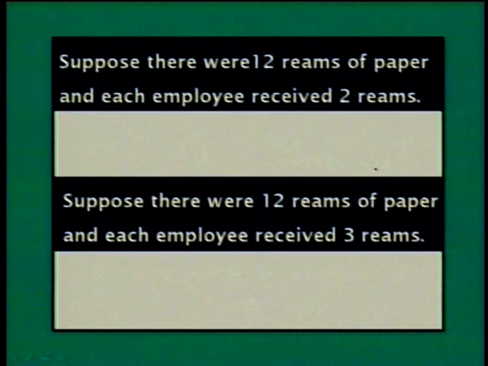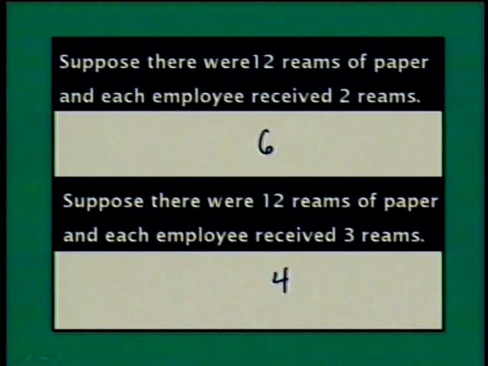Well, if there were 12 reams of paper and each employee received 2 reams, it's pretty easy to figure out that there were 6 employees. Similarly, if there were 12 reams of paper and each employee received 3 reams, it's pretty easy to figure out that there were 4 employees. So I need to now think in terms of mathematical operations. What operation did I perform between 12 and 2 that resulted in 6, that if I performed the same operation between 12 and 3, the result is 4?